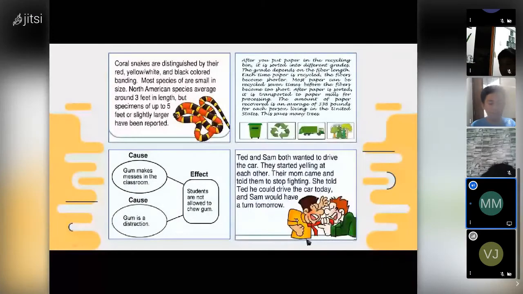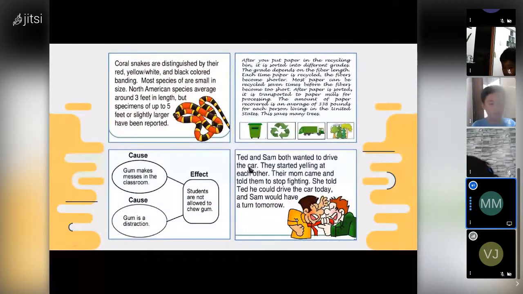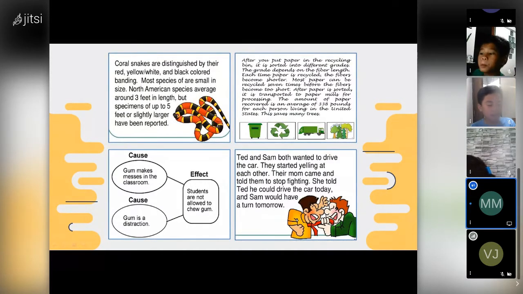Okay, so try to look at the fourth example. We are already in problem and solution. So this is an example of problem and solution.